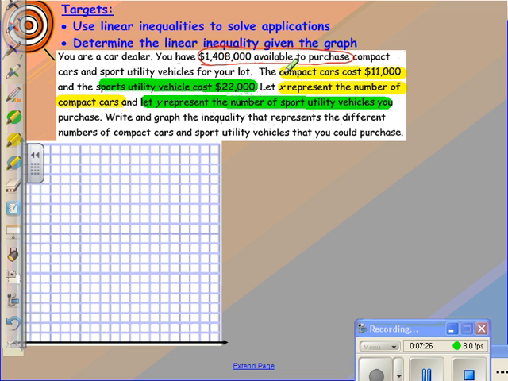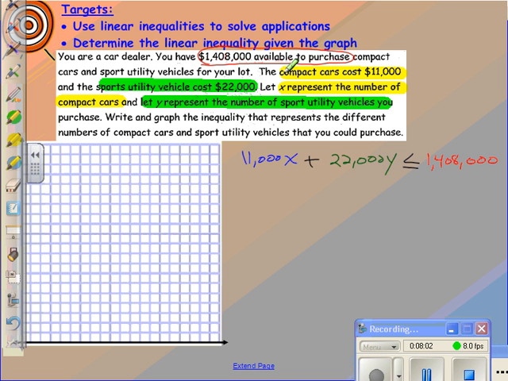Again, I'm going to have 11,000 X, and I'm going to add that to the number for my sports utility vehicle, which is going to be 22,000 Y. And again, I want that number to be less than or equal to, because I can't spend more than I have, supposedly, $1,408,000.